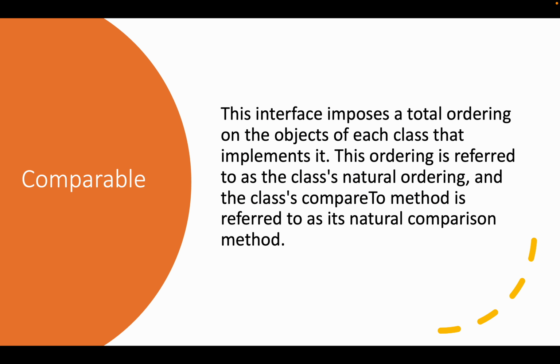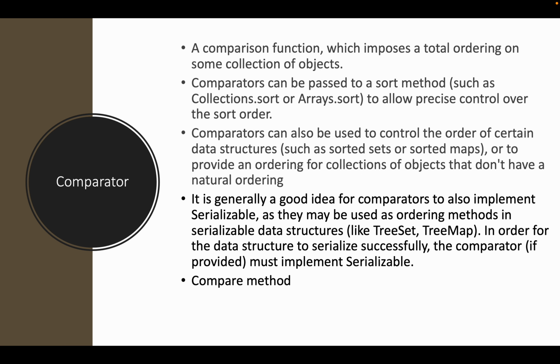Then we have comparable. This interface imposes a total ordering on the objects of each class that implements it. This ordering is referred to as the class's natural ordering, and the class's compareTo method is referred to as its natural comparison method. We also have another interface called comparator. A comparator function imposes a total ordering on some collection of objects.